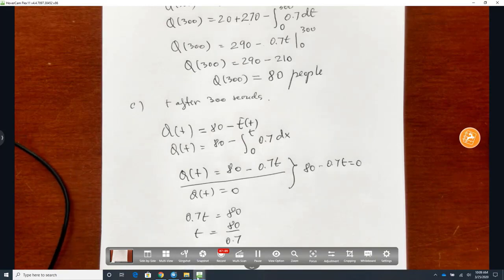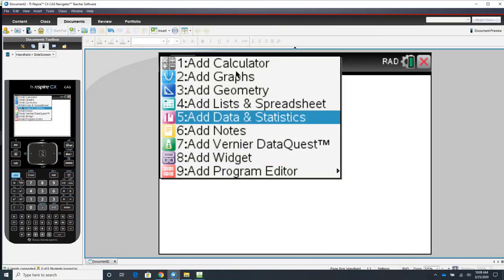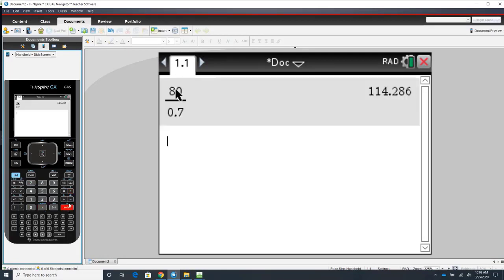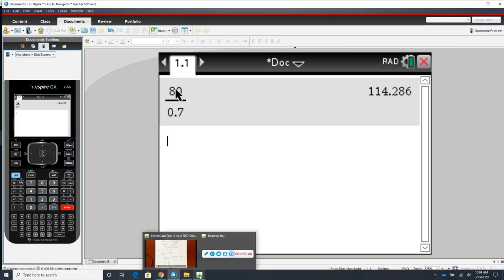I'm going to estimate this using a calculator, so I will add a calculator, and right here I'm going to divide 80 by 0.7. So the time is 114.286 seconds after 300.